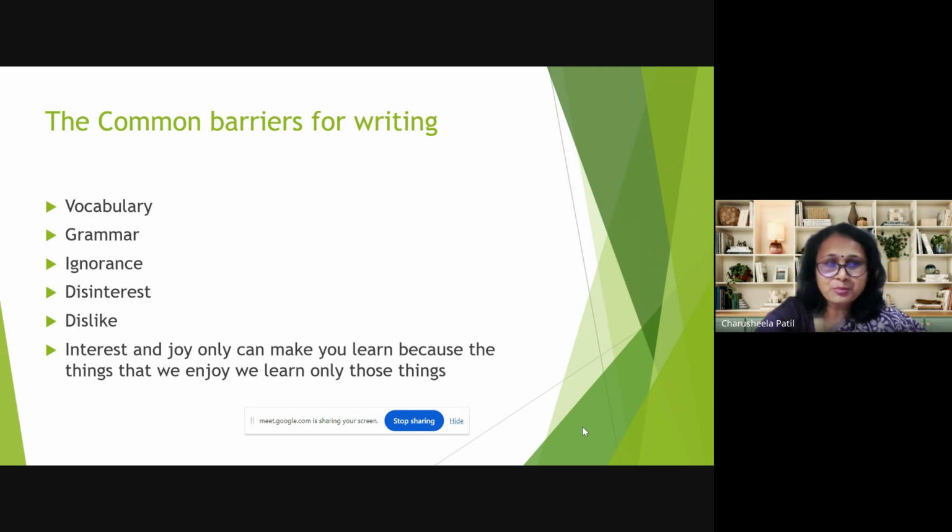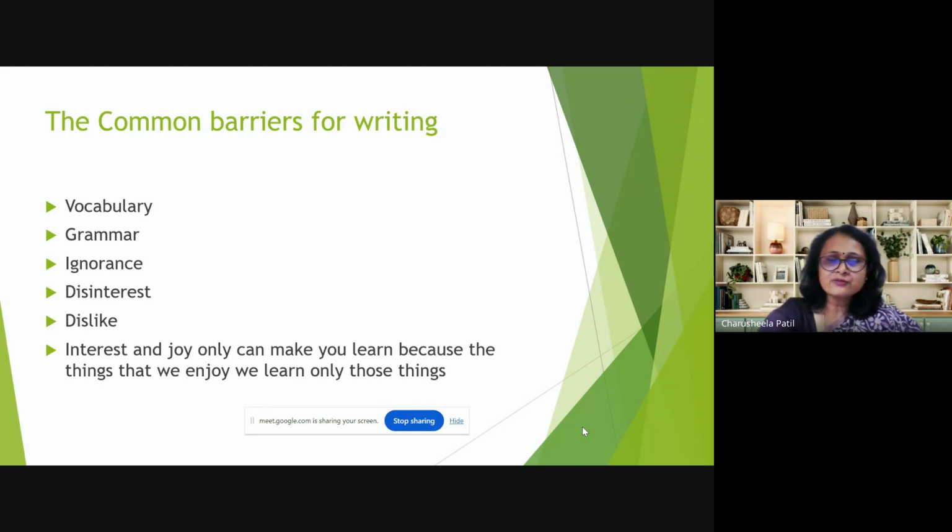Disinterest is a very important barrier, I would like to say, because unless we create interest among the students in writing, or even for that matter in other things, nobody will write, unless somebody is proactive and willing to express herself or himself through pen and paper. So disinterest is another barrier in developing writing skills.